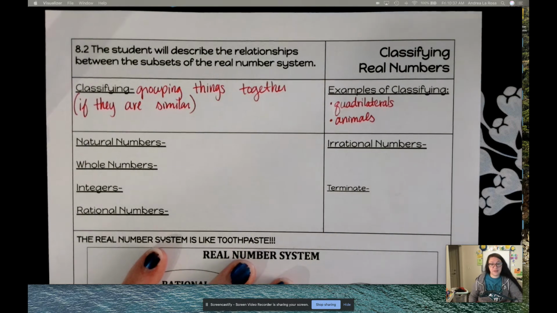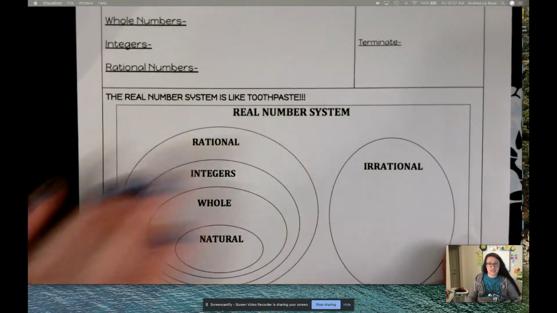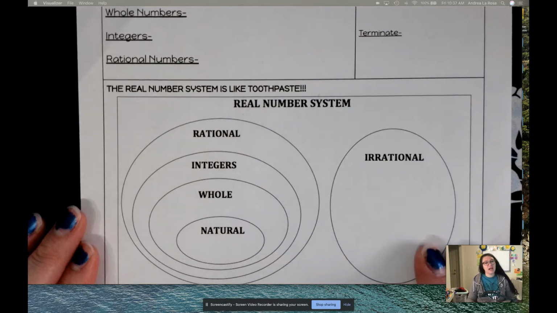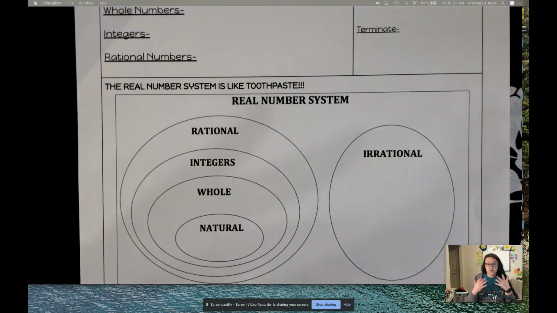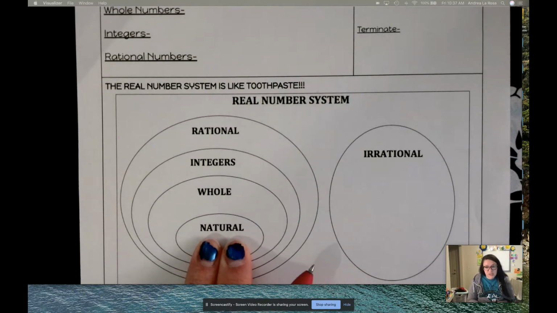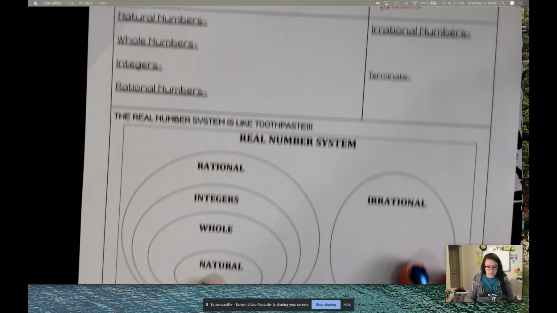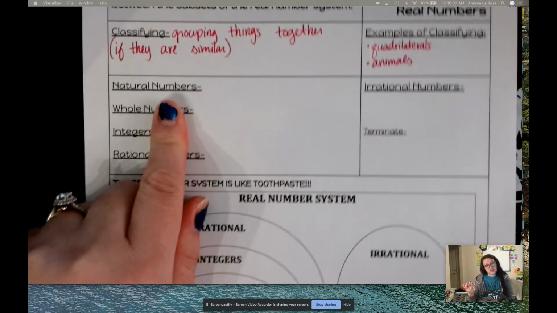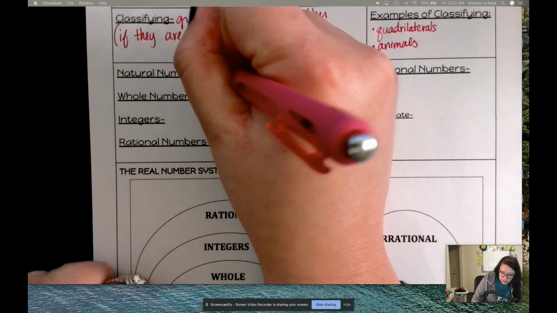So in math, we have this chart that kind of helps us see where numbers go and how they relate to each other. This innermost group, these are called the natural numbers. When you think about natural numbers, I want you to think about counting numbers.